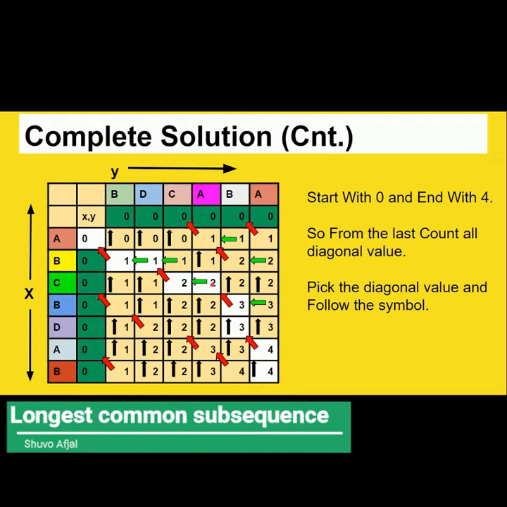After going up, we go to the left because this value comes from left, and at this stage we pick the value because it comes from diagonally, and we go to the left value and pick the value because it also comes from diagonally. I already told you to pick the diagonal value and follow the symbol, going up. I start here and my end is here, so I backtrack the steps.